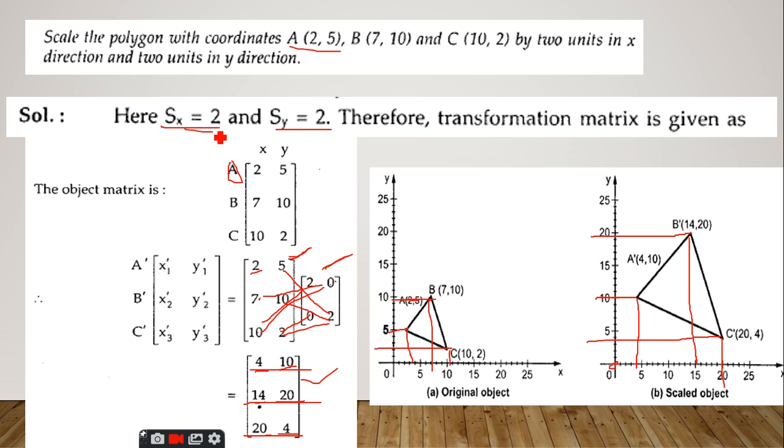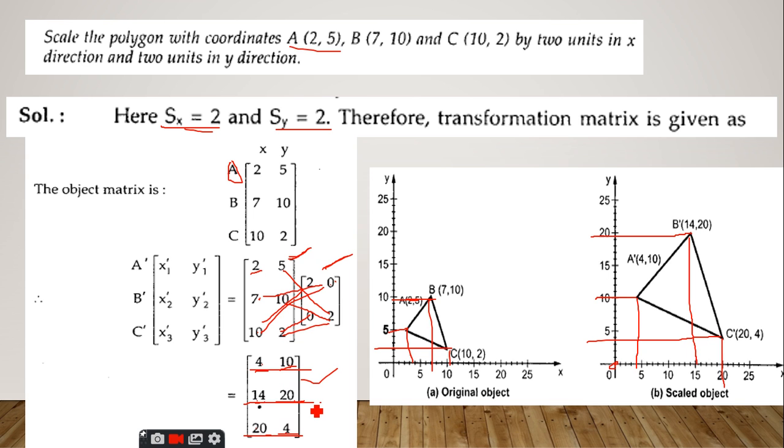When I give 5, then we get 10, 5 into 10 is 50, 14 into 5, 20 into 5, 4 into 5, and this is the scaling matrix.